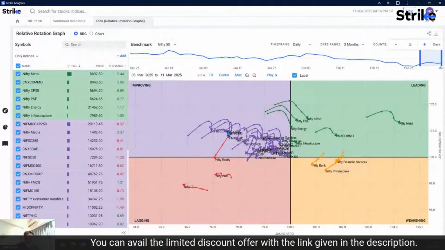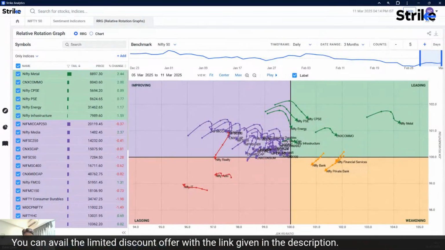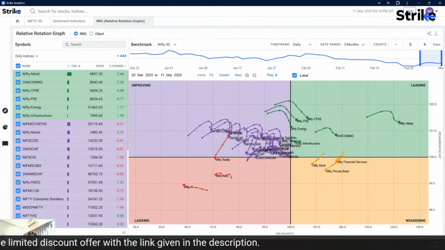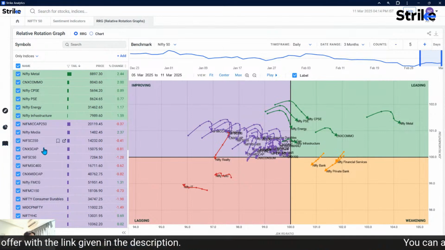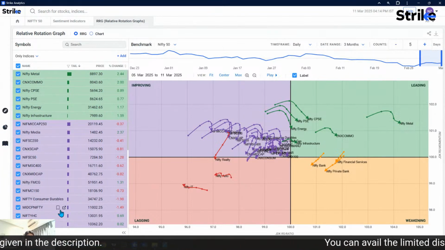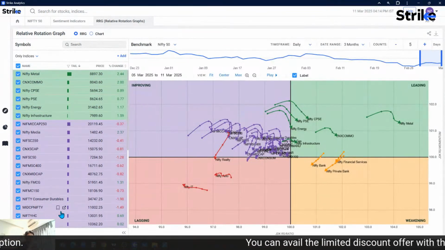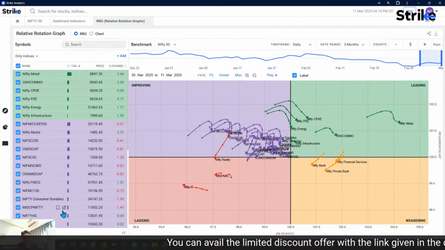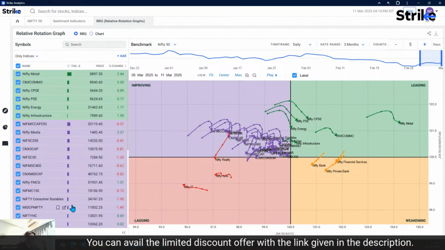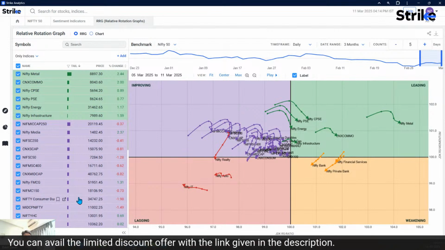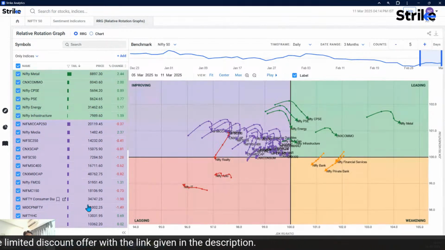So there will be a lot of clutter. Now, my friends, listen to me very carefully. We are working on segregating these broader indices from the sectoral indices. So very soon we will have a separate watch list for sectoral indices and a separate watch list for broader indices by default.